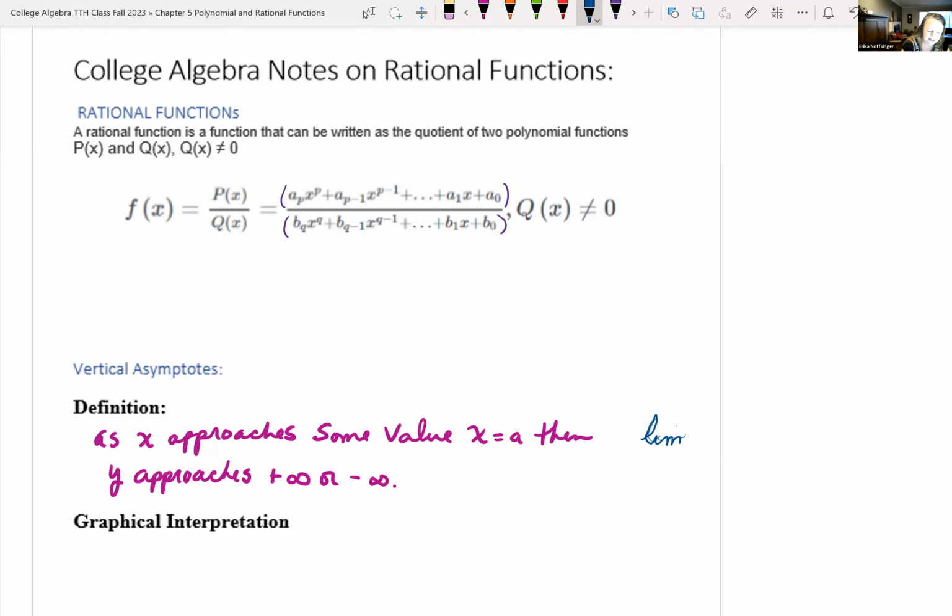And limit is denoted by lim. Underneath, you're looking at the variable, in this case x, approaching some number, I'm going to say a, of our function f of x. This is going to plus or minus infinity.